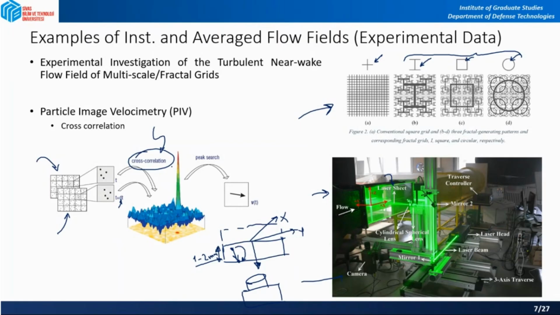So as you can see, there is a peak inside the cross correlation routine. Based on this peak that it finds in here, it will give you the velocity vector. So if I can get a vector on the field, it means that I have a velocity vector v at that specific time t.